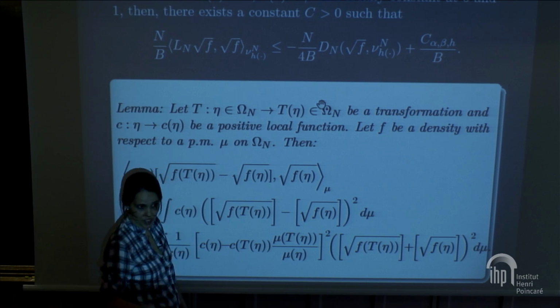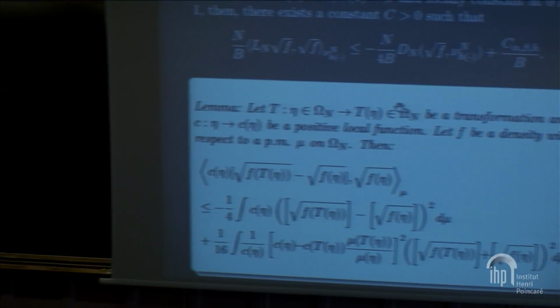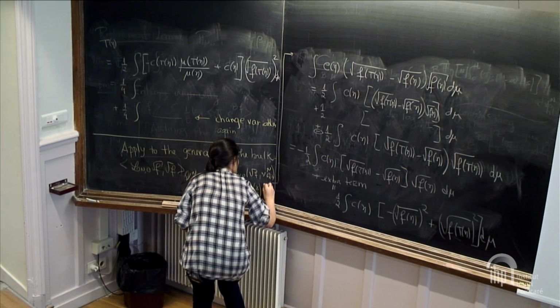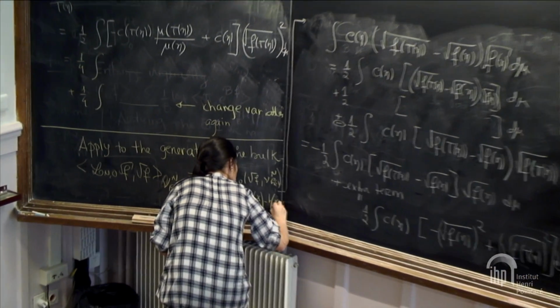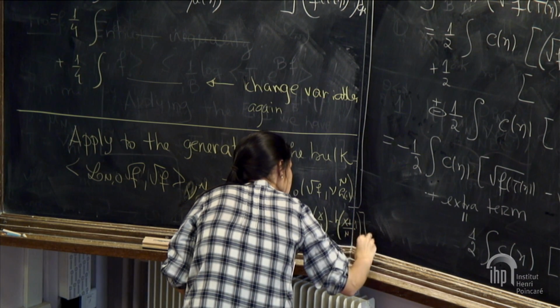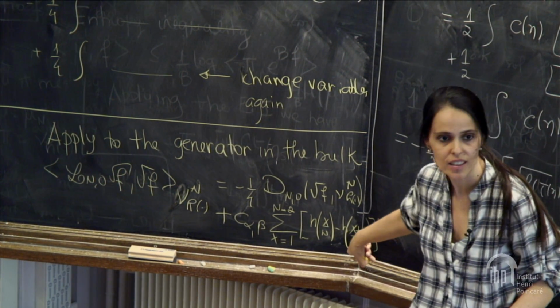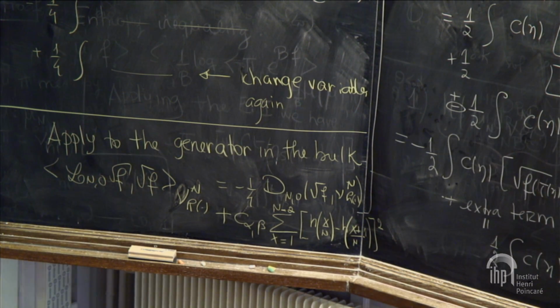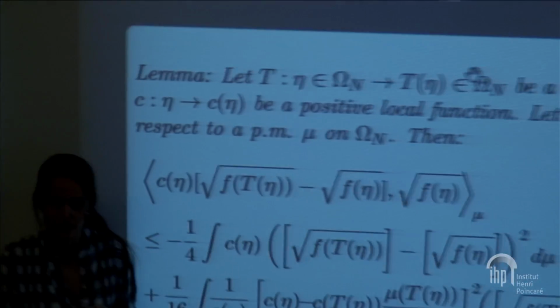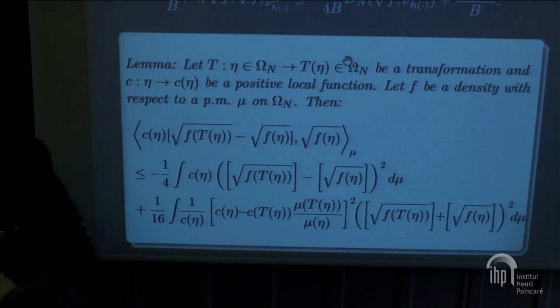But since it is a product measure, it is quite simple to compute. And what you get here is just h at x over n minus h at x plus 1 over n, to the square. Okay, so this guy which is here is exactly the term that you get inside this bracket.